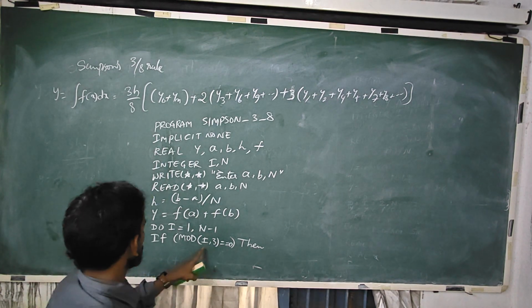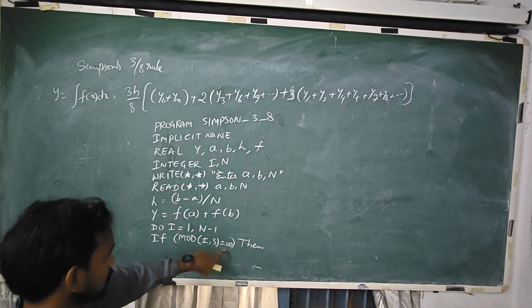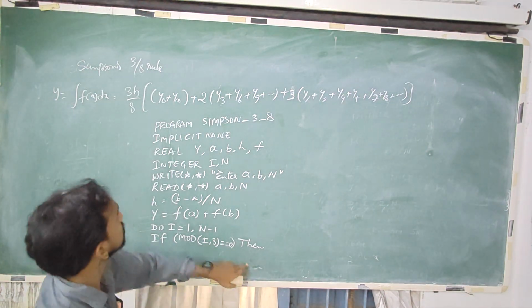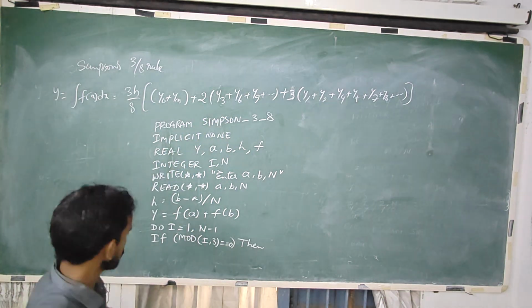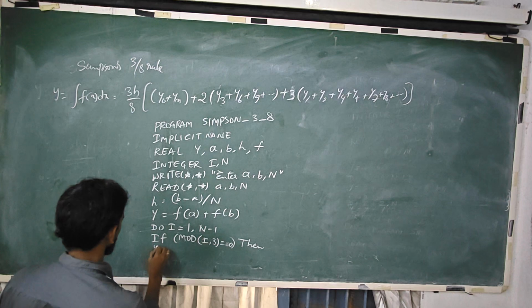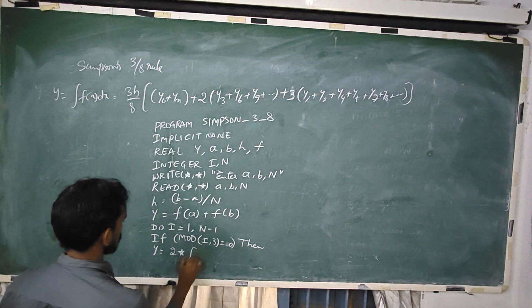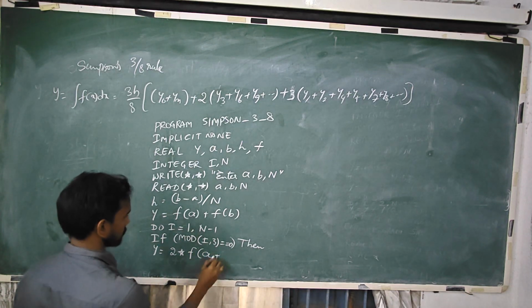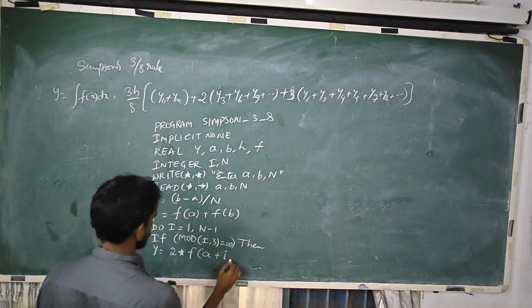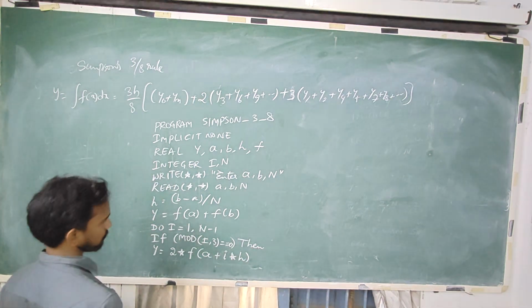So if the remainder after division with 3 is 0, then we have to take the quotient 2. Y is equal to 2 star f of a plus I star h.